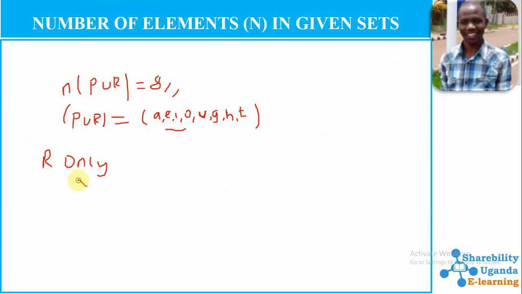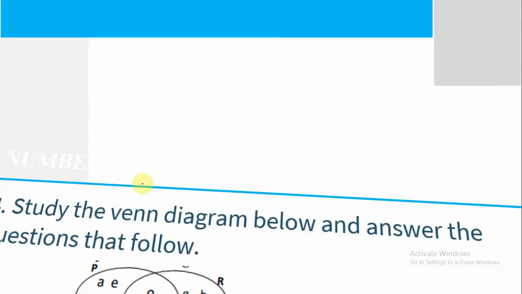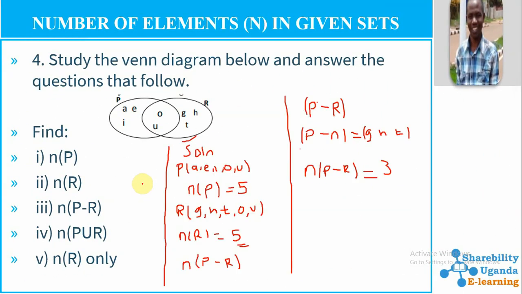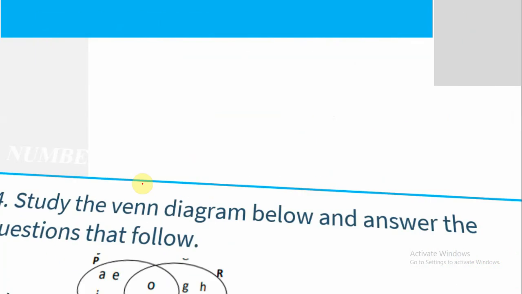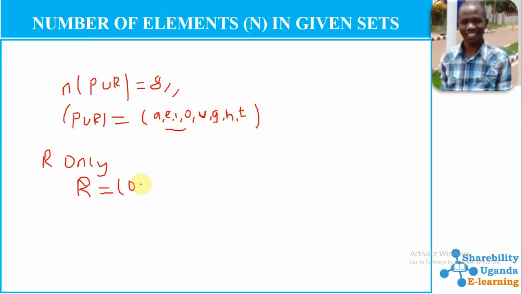We say, okay, we can first write R is equal to, and we list all the members that belong to R, where we have O, and also we have U, and also the U is part.